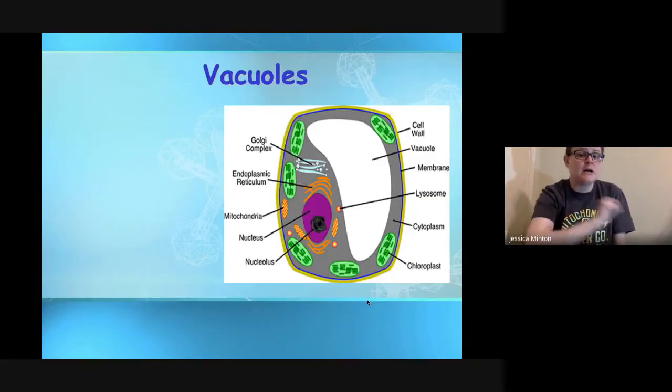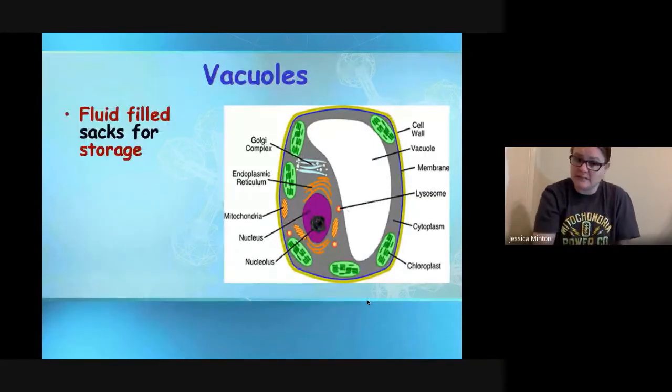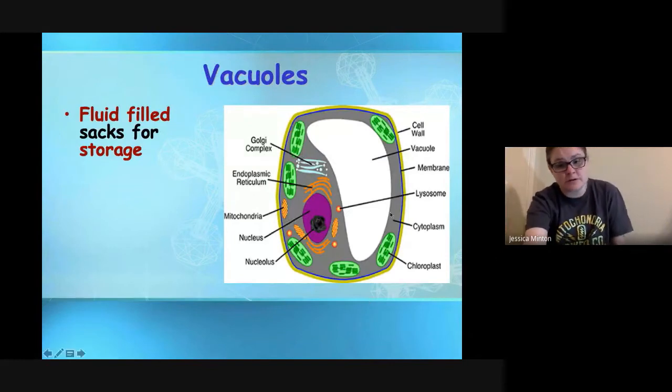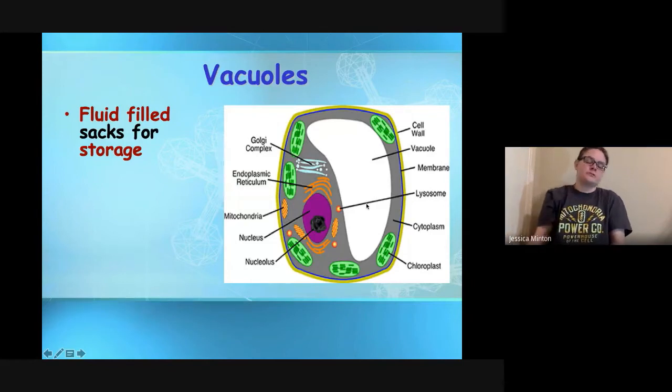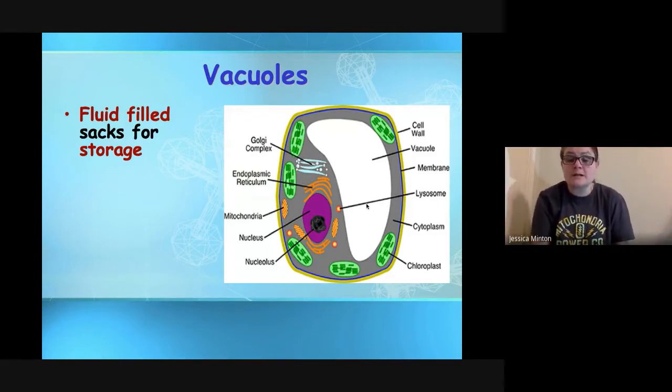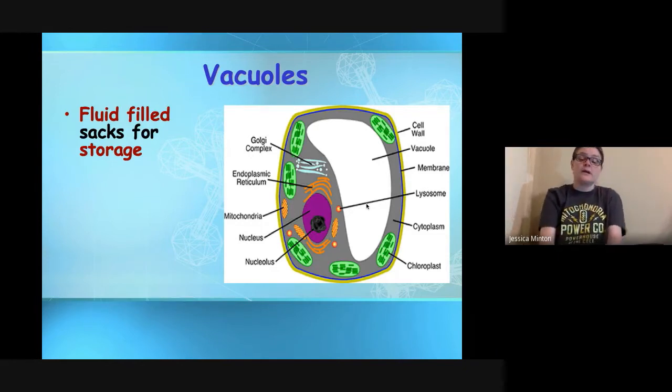Big daddy of a plant cell. This is a fluid-filled sac that is going to be for storage. In a lot of pictures, especially in the more cartoony versions of a plant cell that you may see, it looks like a big swimming pool. If we go all the way back to when I talked about nuclei, I told you that in most cells, the nucleus is the largest organelle.